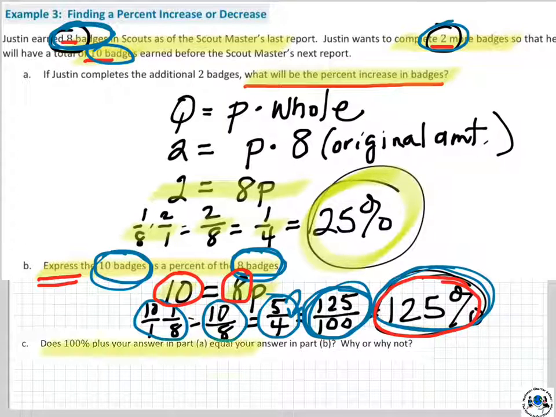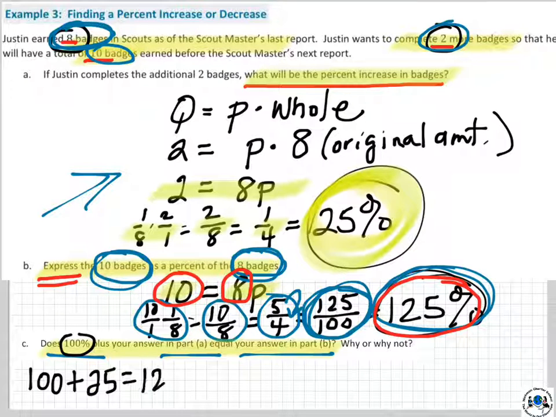This problem asks you, does 100% plus your answer in part A equal your answer in part B? So 100% plus your answer in part A, which is over here, equal your answer in part B?